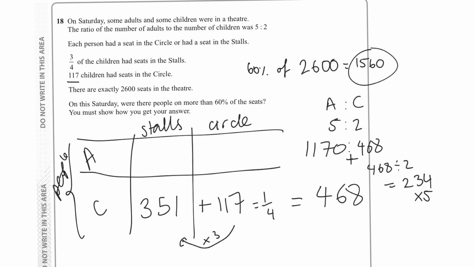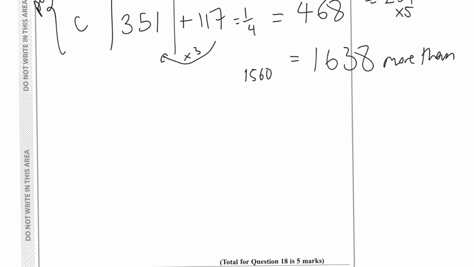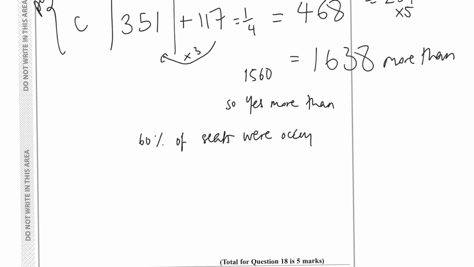Put that into your calculator, you would get an answer of 1,638, which is definitely more than 1,560. So yes, more than 60% of seats were occupied.